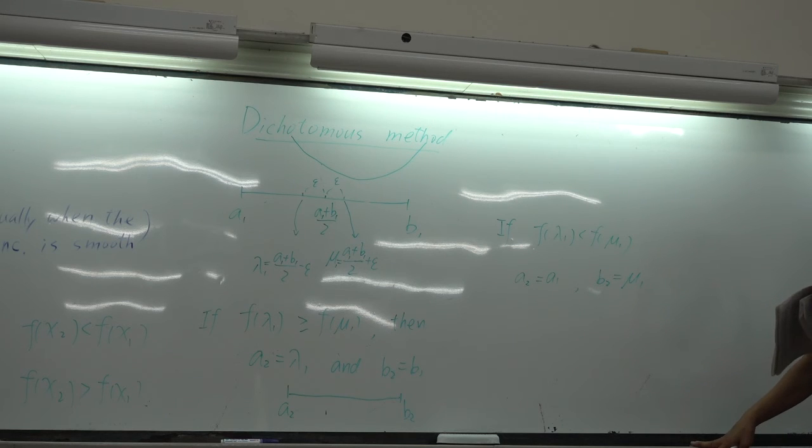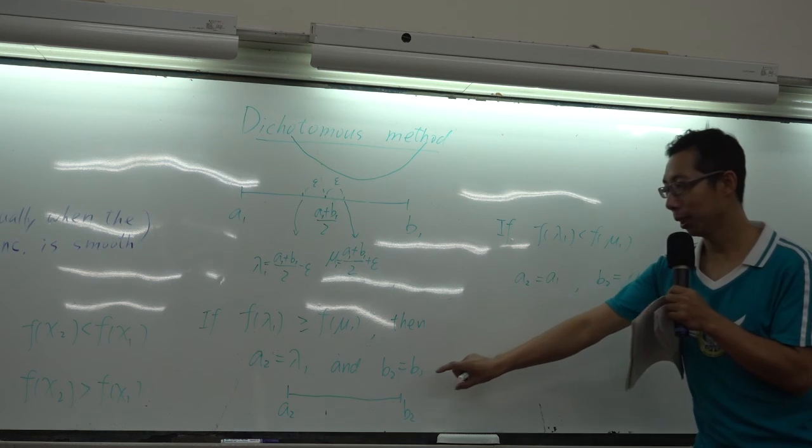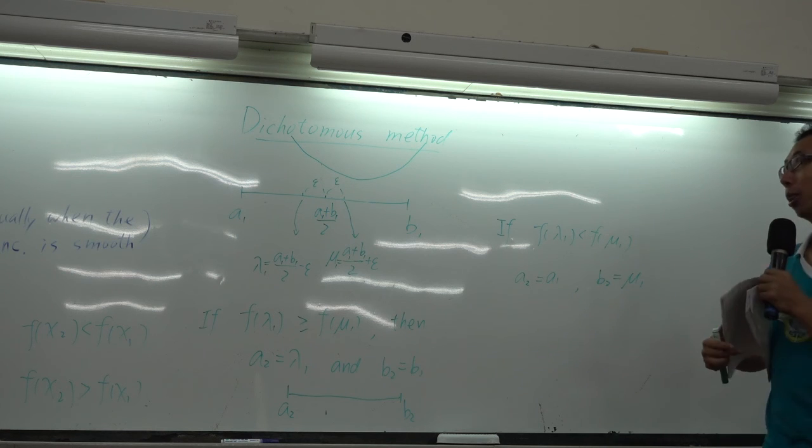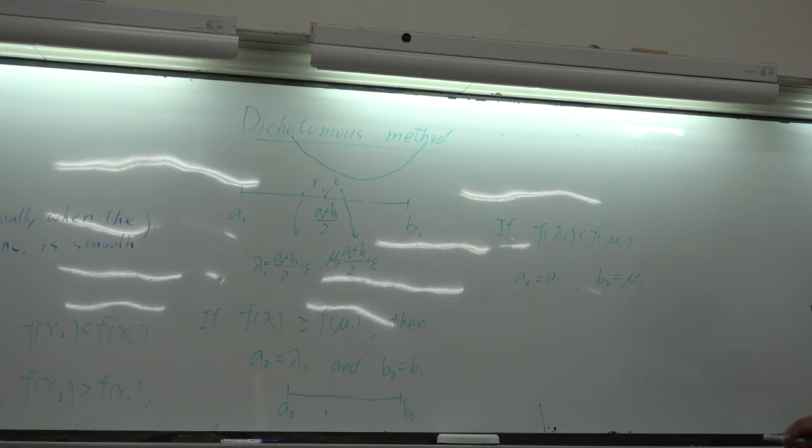Then when this bracket is small enough, you can just stop and say that now the minimum point lies in the middle, or you can even perform function evaluation for f of an and f of bn, and choose the smaller one, which means the minimum of this function. Or just using the middle point in between, that's fine too. But any question? Any question about this, the dichotomous method?